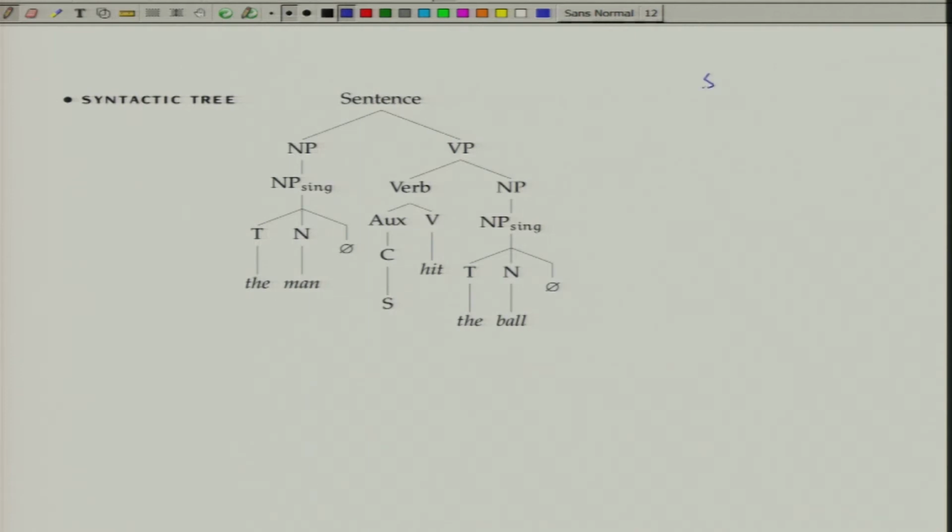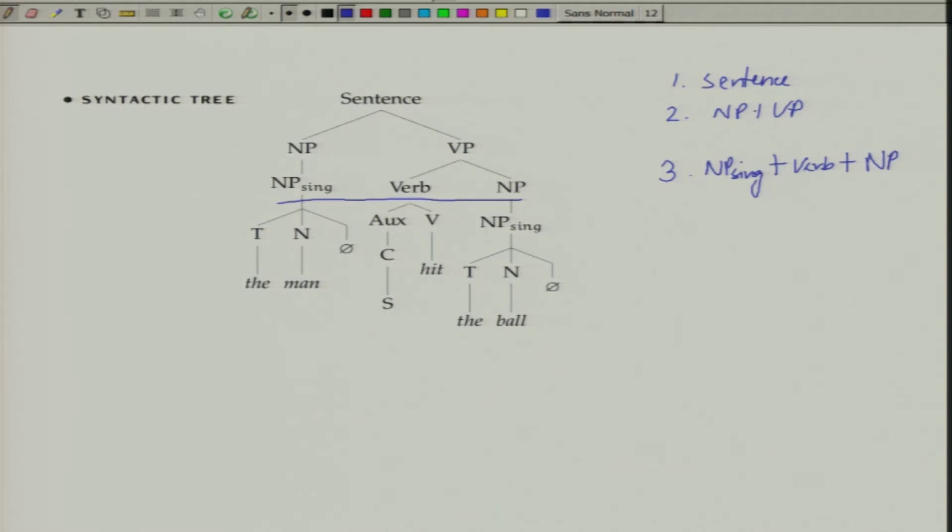rewrite sentence. So the next step could be NP plus VP, and then this step would look like NP, thing plus verb plus NP.